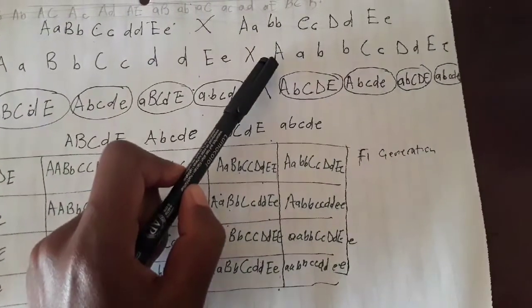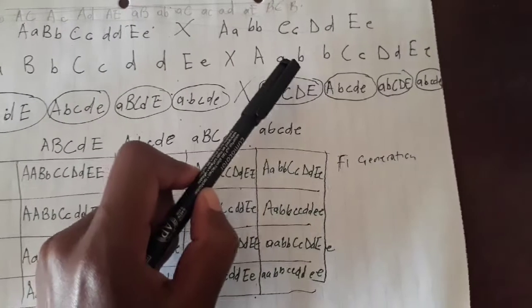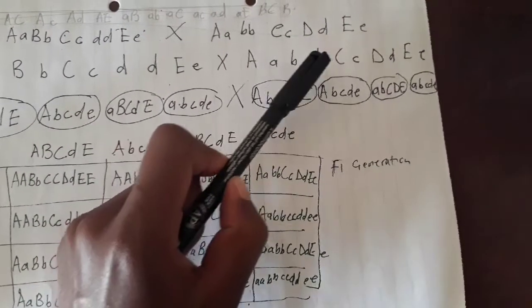Then for the other parent, one allele of each trait associates with each other again.